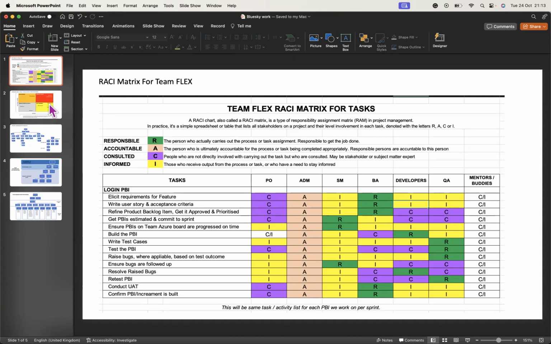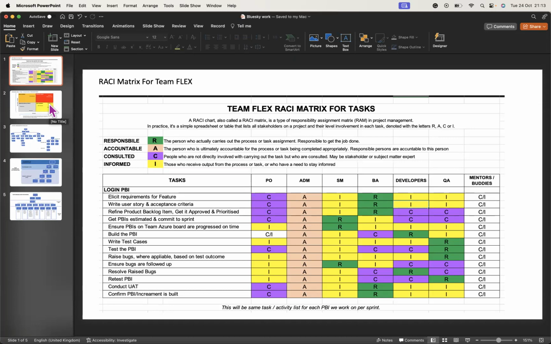But if I show you first, this is our attempt at a RACI matrix. What we did was we based it on tasks that we would need to progress in order to get a product backlog item progressed from the beginning all the way to building out the shippable product at the end.